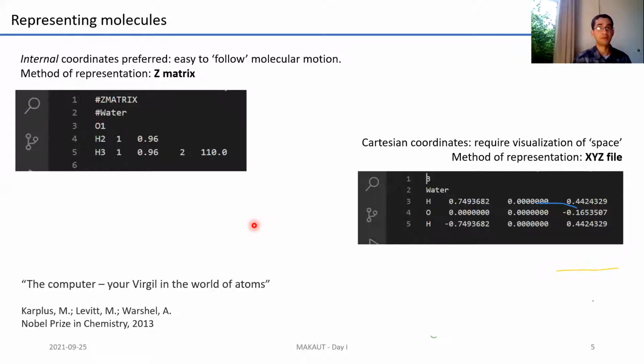You might be aware of Karplus's name from your course in organic stereochemistry, the Karplus angles when you do conformational analysis. However, what Karplus said was that the computer is your Virgil in the world of atoms. Virgil was the poet who guided Dante through purgatory, if you've read Dante's poetry. So the computer is a very crucial guide that you do need if you're going to understand spectroscopy.